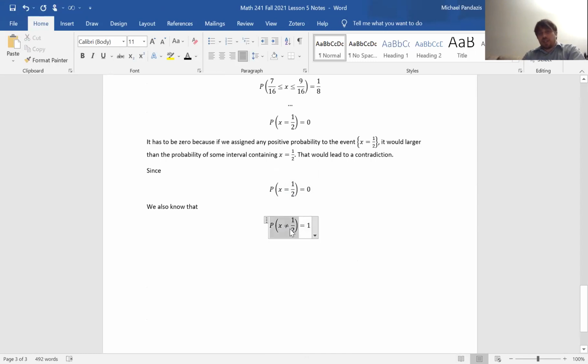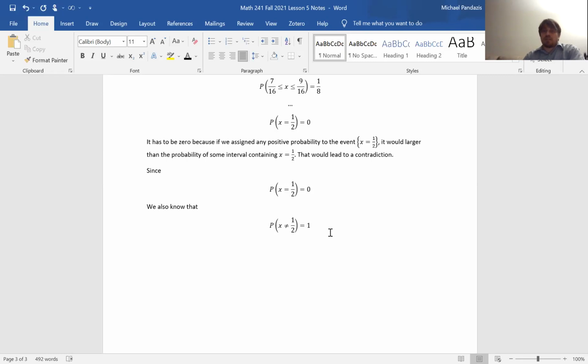Now, you used to think that if the probability of something happening is 1, that means it would definitely happen. But just as before, we could choose the number 1/2, which means that x not equaling 1/2 did not happen. It's a double negative.